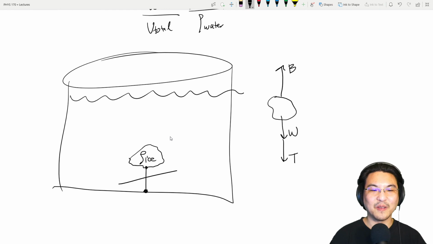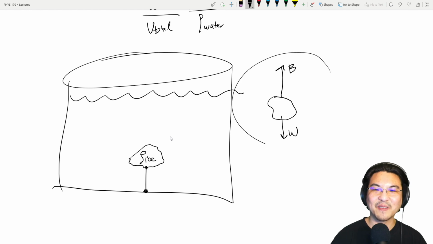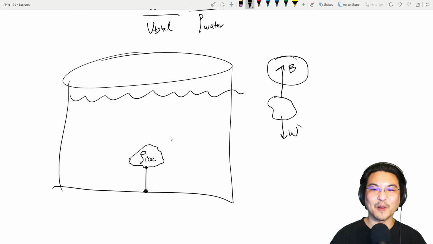And then when you cut the string, what would happen? The free body diagram would just look like this, no more string. If this force is larger than this force, it would accelerate upwards. If this force is larger than this force, then it would accelerate downwards. If this force is equal to this force, the acceleration would be 0. That doesn't really tell us anything about the velocity. The velocity could be constant.